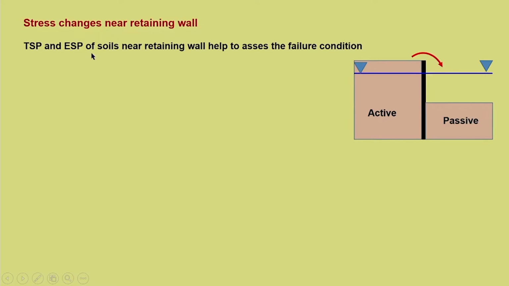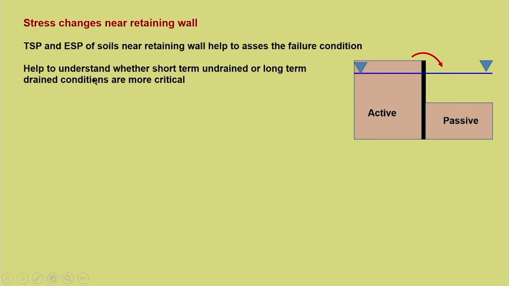The TSP and ESP of soils near a retaining wall will help to assess the failure condition, and to understand whether short term undrained or long term drained conditions are more critical. By discussing these stress paths in the last lecture and the previous slide, it is very clear that stability is determined either in the short term or in the long term.